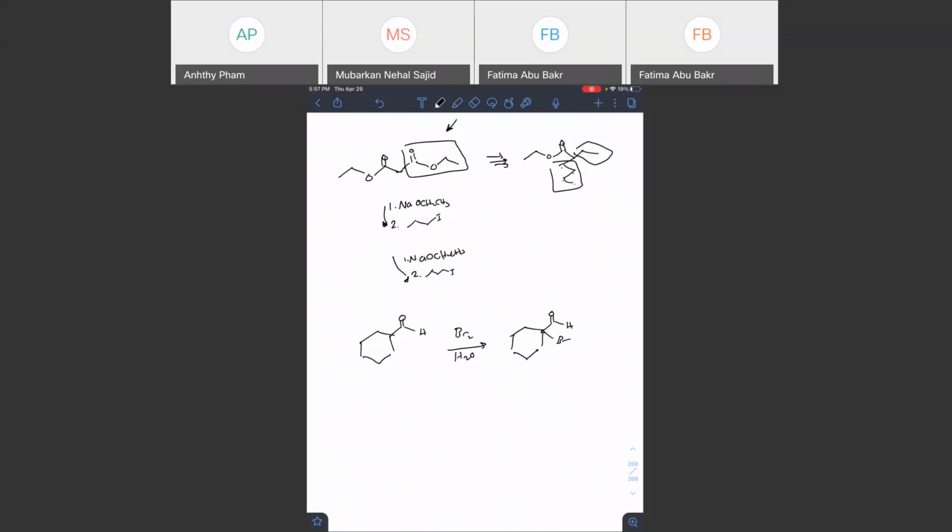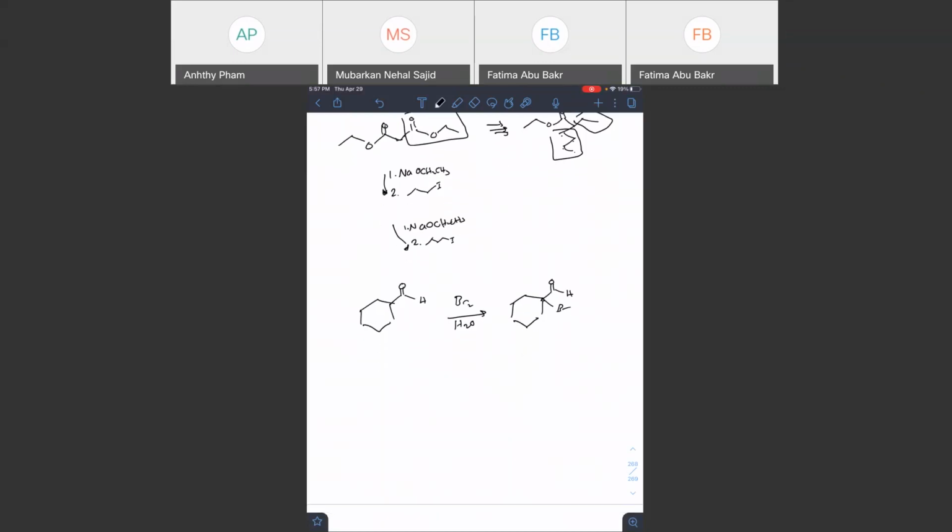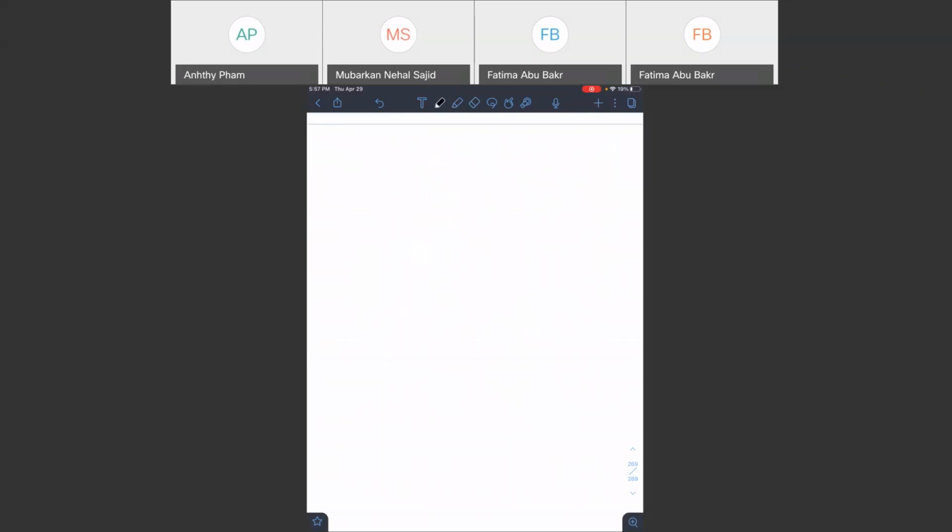So I guess I'll go ahead and try to walk through it a little bit. For the mechanism, what it looks like is that the ketone is actually going to, let's just use the example we had above, because that's different than the one on the paper, so you can practice it.